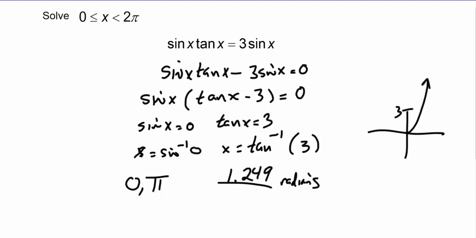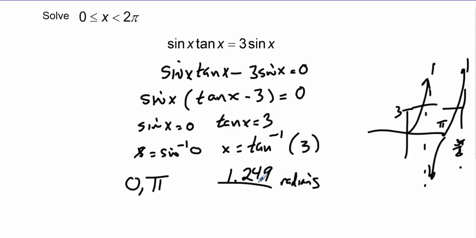Now, the question is, is that 1.249 the only value? Well, between 0 and 2 pi, probably not, because we know tangent normally looks like this. And that's at pi, but then again, it continues to go up again until I get to 3 pi over 2. So it's going to hit 3 twice.